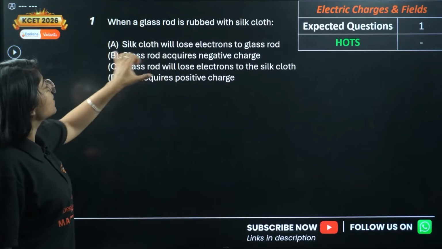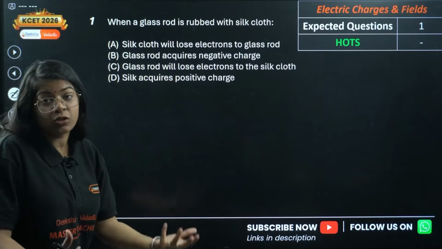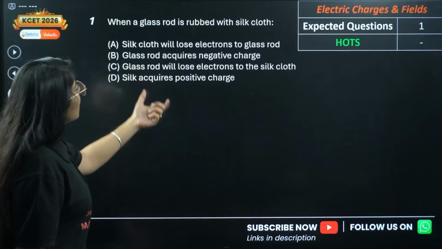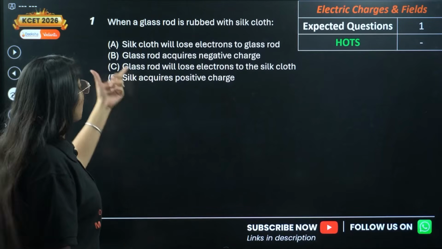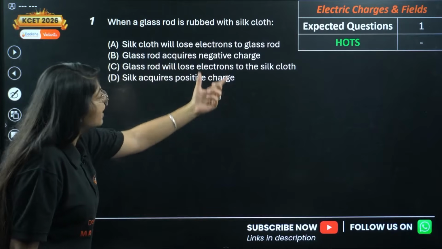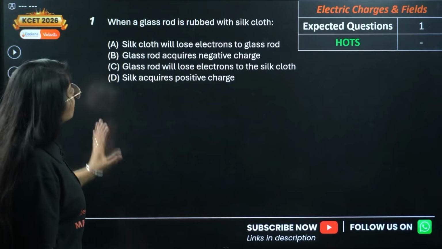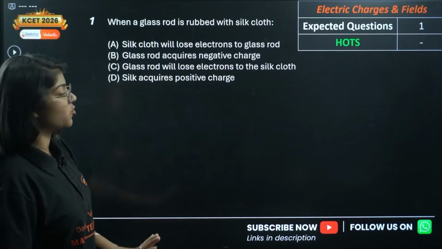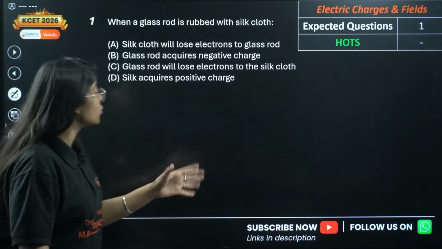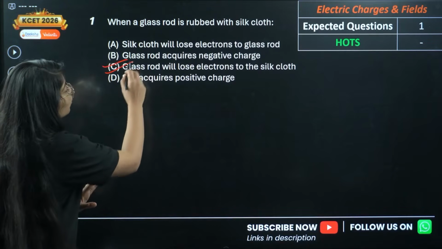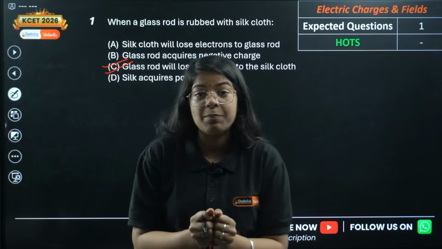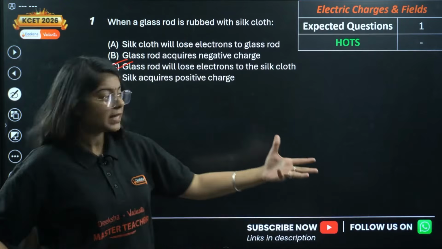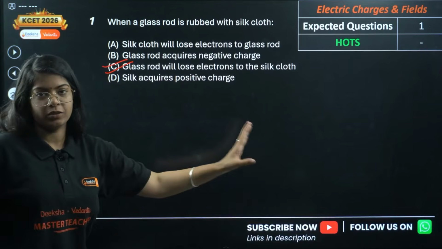Either silk cloth will lose electrons to glass rod, or glass rod acquires negative charge, that means it's gaining electrons, or glass rod will lose electrons to the silk cloth and acquires positive charge. So for this, the correct option is glass rod will lose electrons, since in glass rods the electrons are not tightly bound. So it will lose electrons easily to the silk cloth, correct?